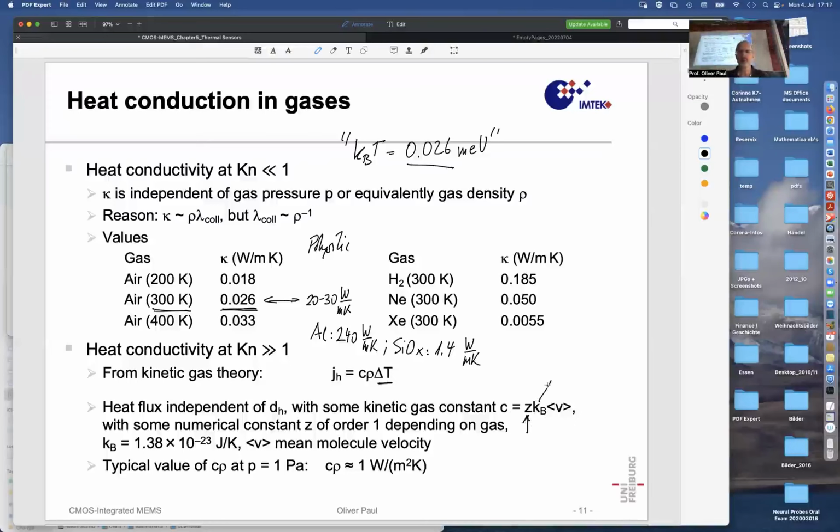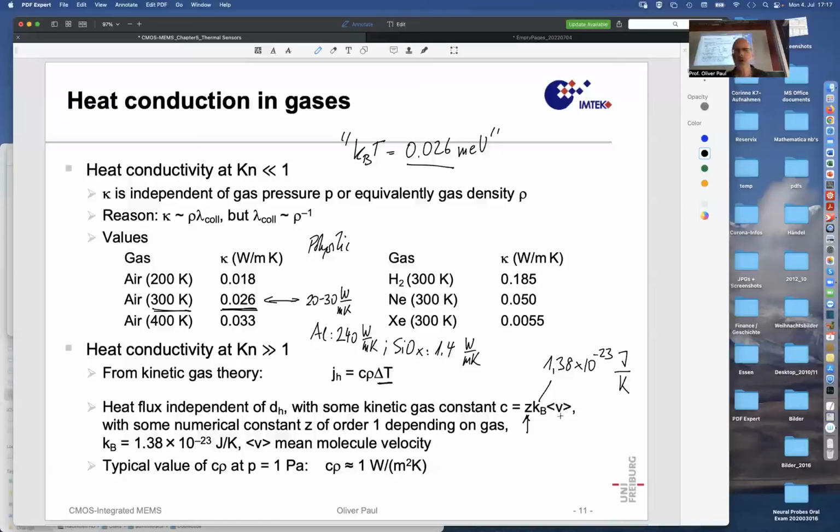Boltzmann's constant is 1.38 times 10 to the minus 23 joule per Kelvin. And then there is the average velocity of the molecules, the flying molecules.